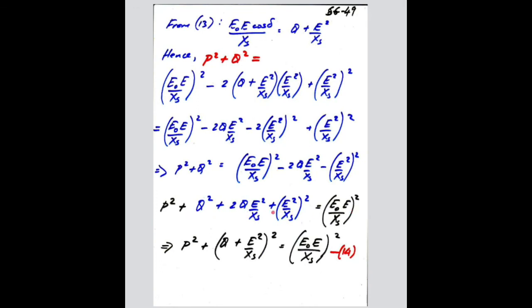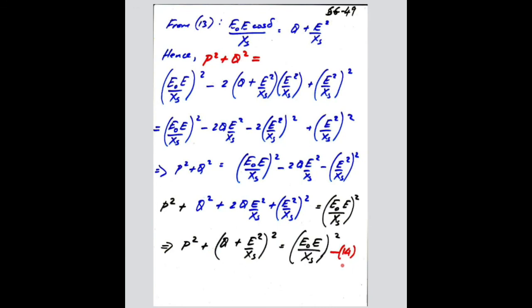So this part, which is in blue, can be written in a compact form, which is here. So that's Q plus E squared over XS, all squared, right? And that ends up as the equation of a circle.